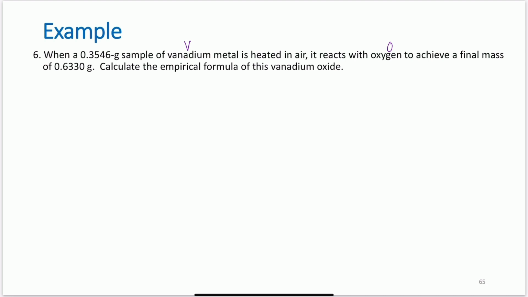So I want to figure out the formula. VXOY, where X and Y represent the individual numbers I have for one species to the other. I do know oxygen is 2-, but I have no idea what charge vanadium would be.